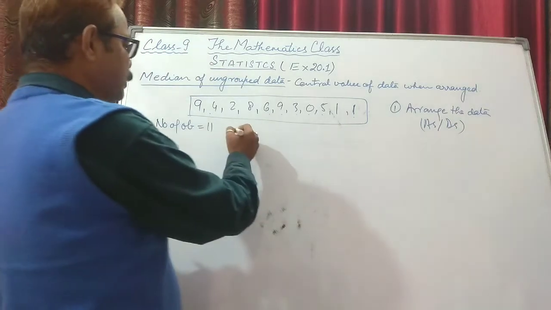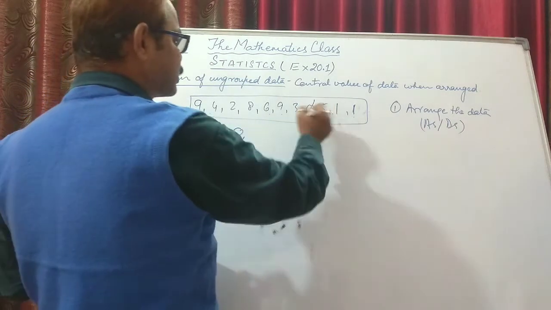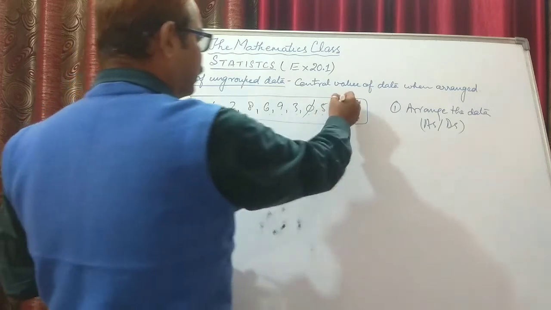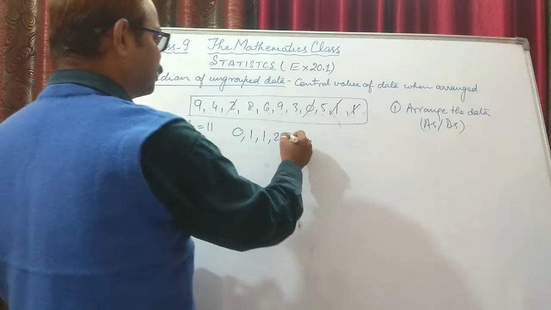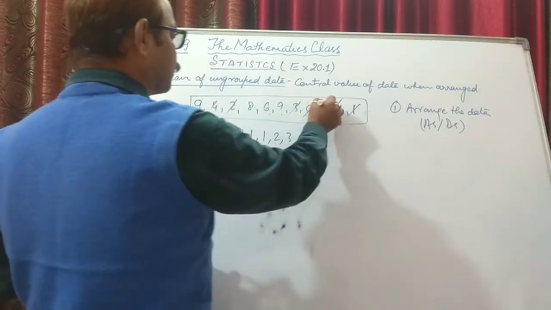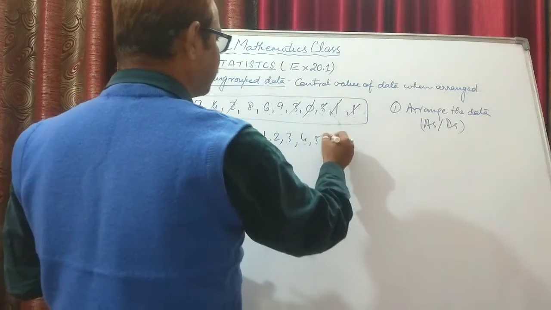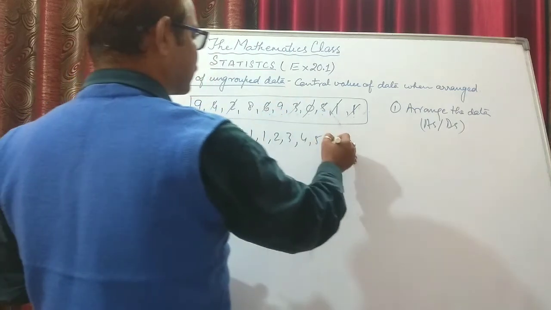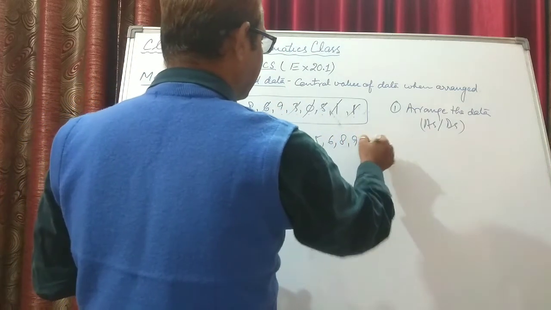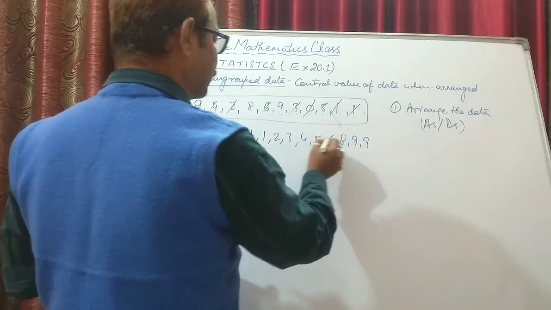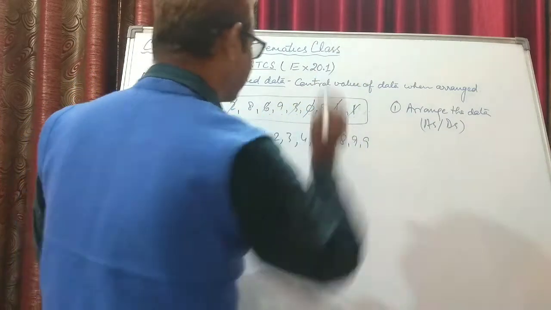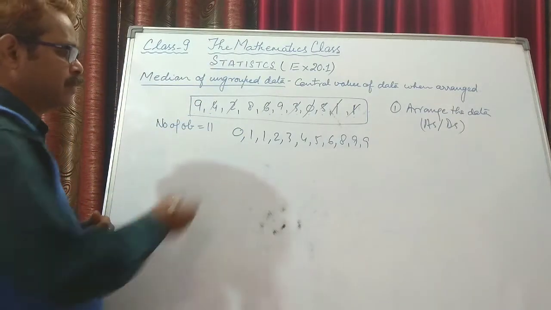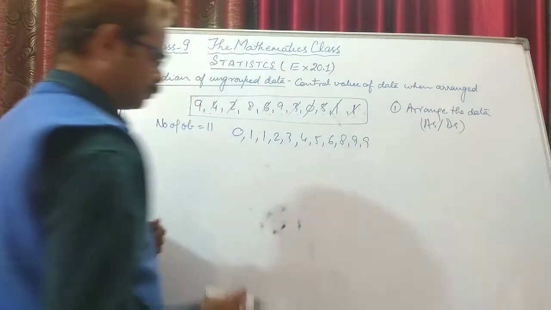So first number is 0, then 1 and 1, then 2, 3, 4, 5, 6, 8 and 9 and 9. So what we have done, we have arranged the data.